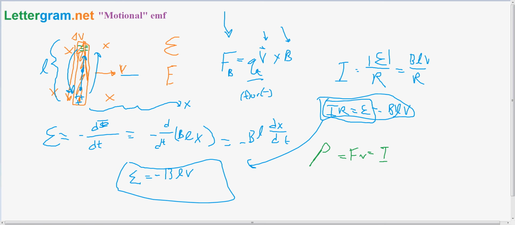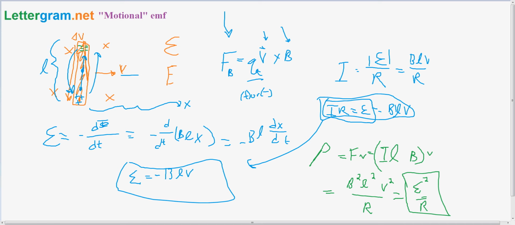And then you have this equation, ILB is equal to the force, and there's still V in there, which will equal B squared, L squared, V squared divided by R, which is equal to the EMF squared divided by R, which in a previous video on power, this equals power. So all of Newton's laws are maintained here. All the laws of previous physics were still maintained.